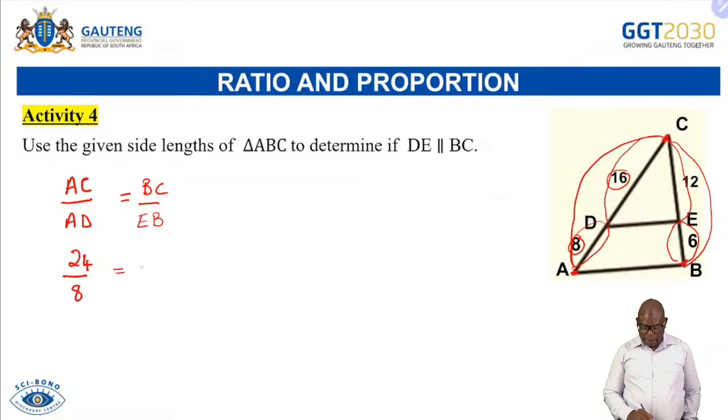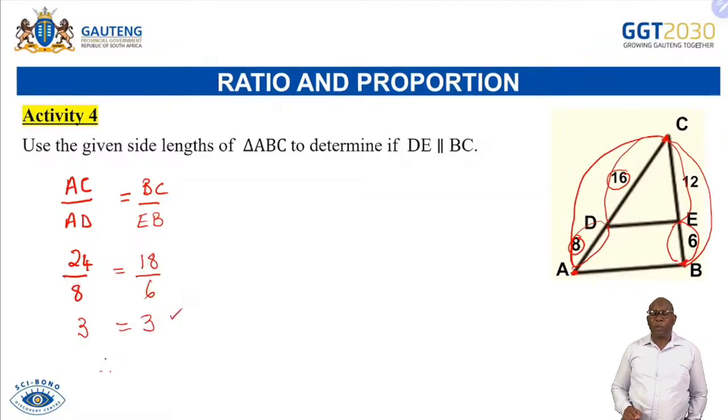BC is 18, and EB is 6. 24 divided by 8 is 3. 18 divided by 6 is 3. Therefore, if they are in the same proportion, what do I write? Therefore, DE will be parallel to BC.